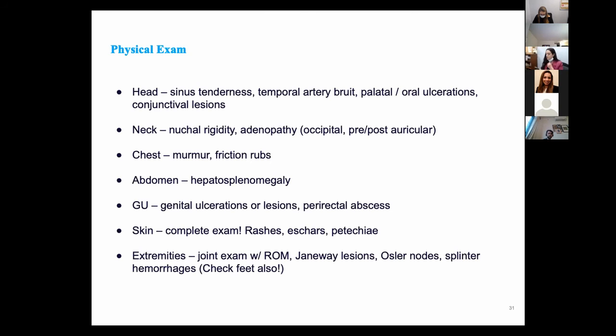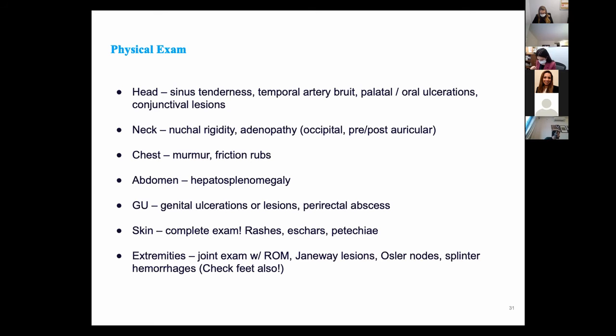Extremities, so joint exam, and if they have a joint that does hurt, you really want to range the joint and see if the inflammation is in the joint capsule itself, or if it's muscular in the area around it. Janeway lesions, which are the painless macular lesions on the palmar surfaces of your hands and feet, and Osler nodes, which are the painful lesions.